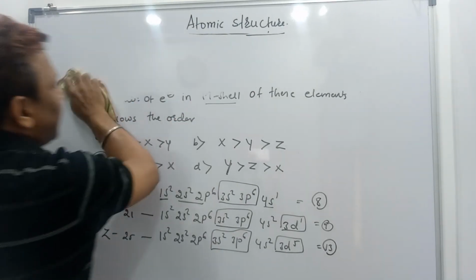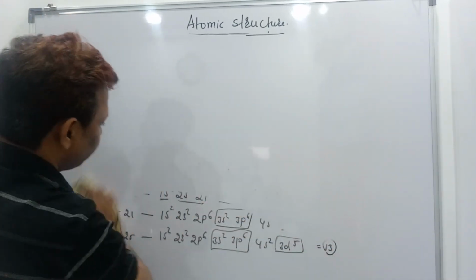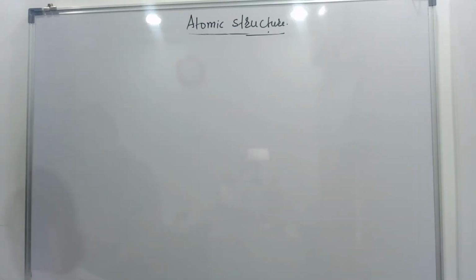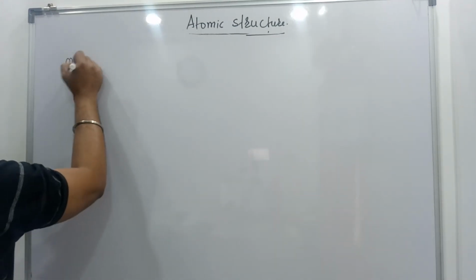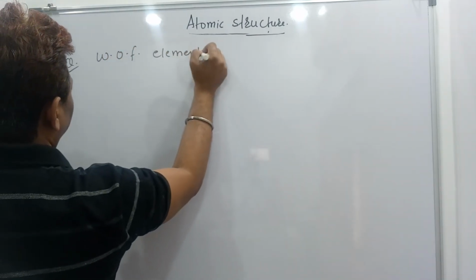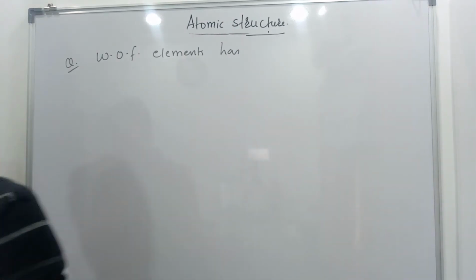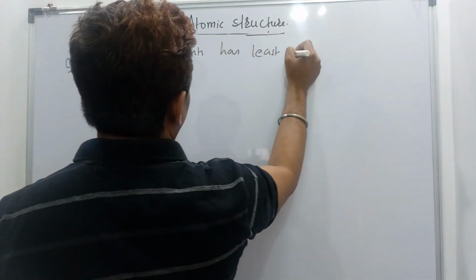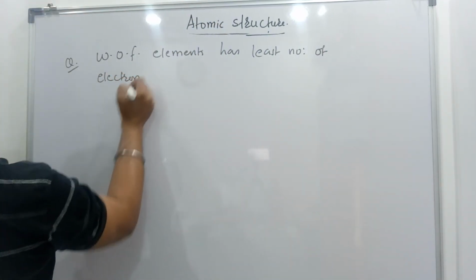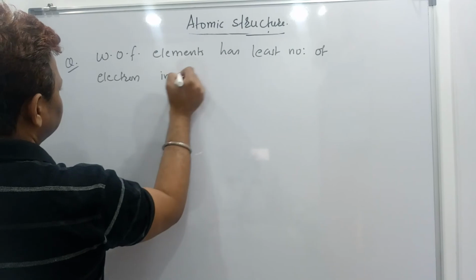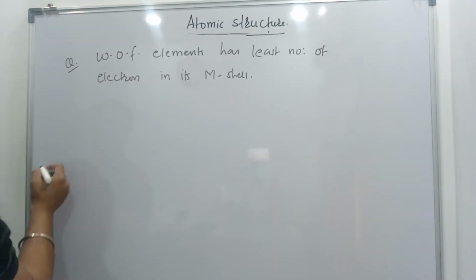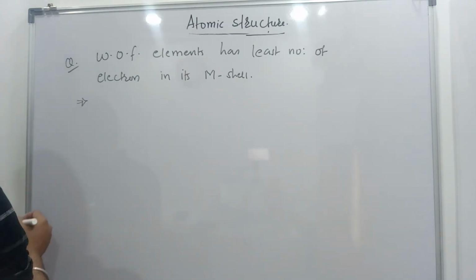Next one. Which of the following elements has the least number of electrons in its M shell?